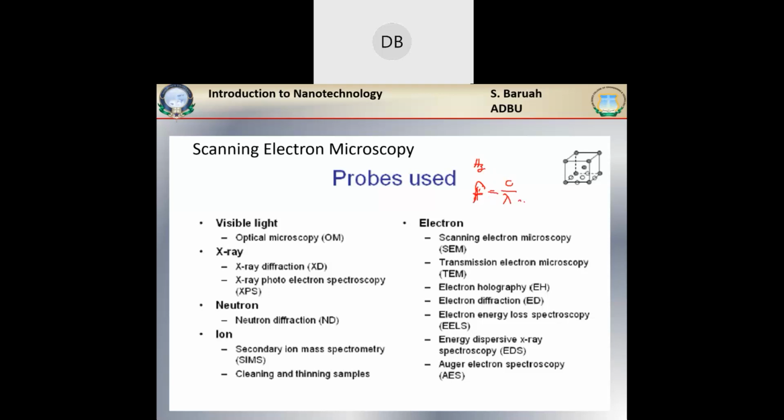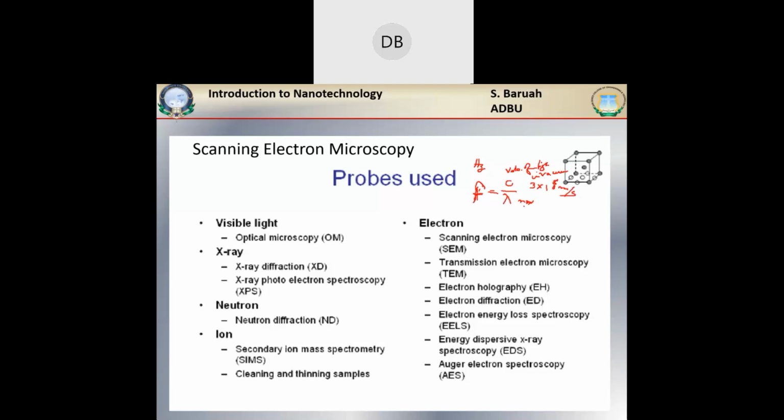And lambda is of course in nanometers, right? And c is what? The velocity of light in vacuum. You know the value, anybody? It's 3 into 10 to the power of 8 meter per second.